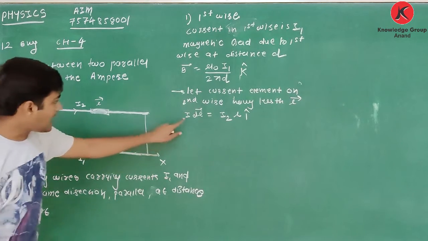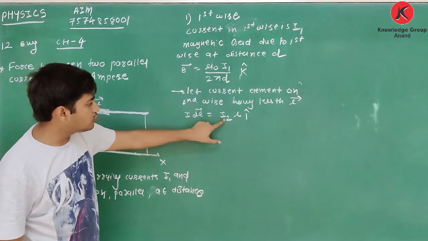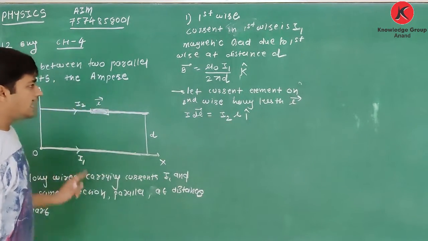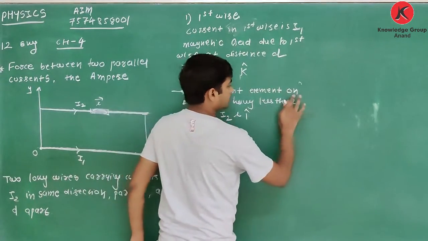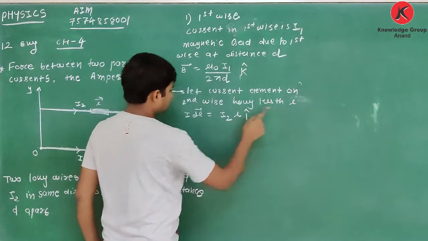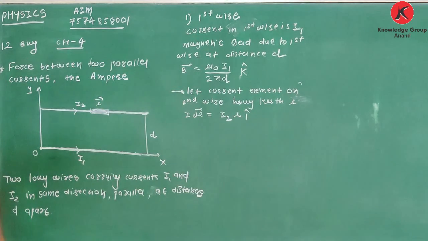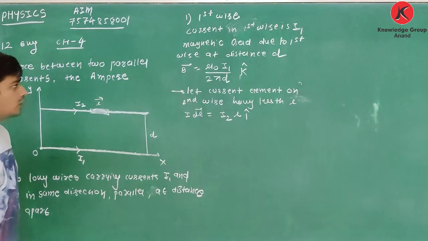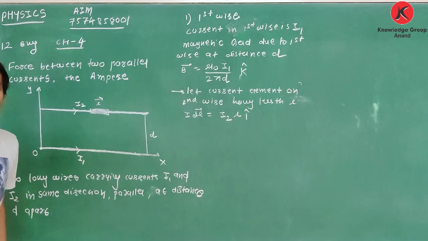The current element I dl is equal to I2 L i caret. Any doubt?